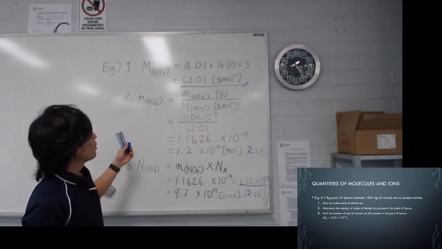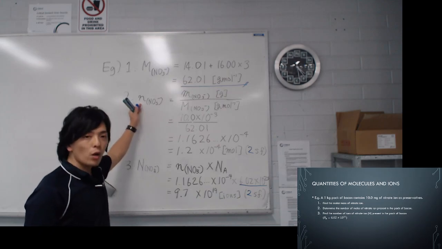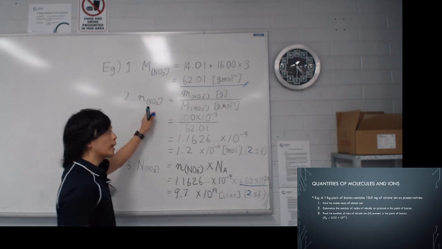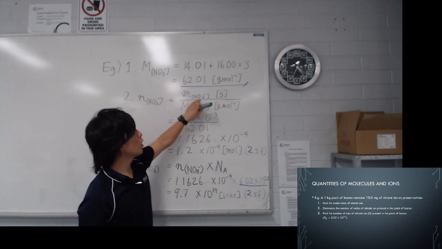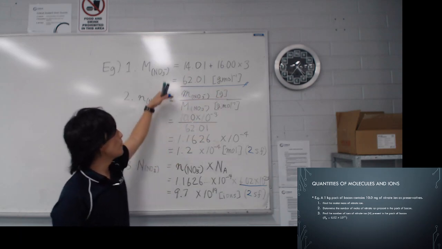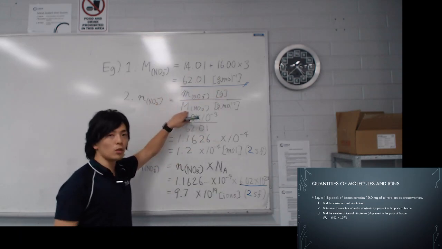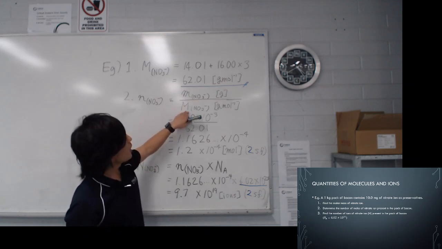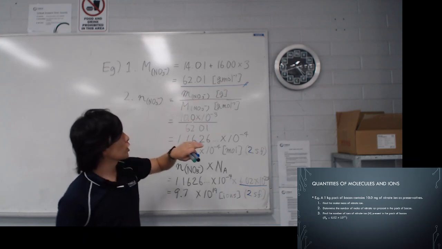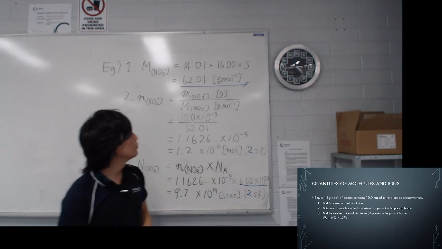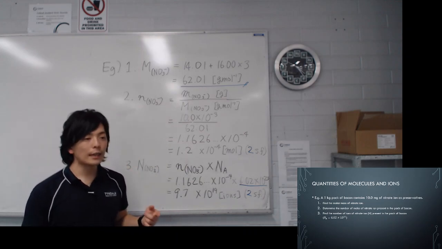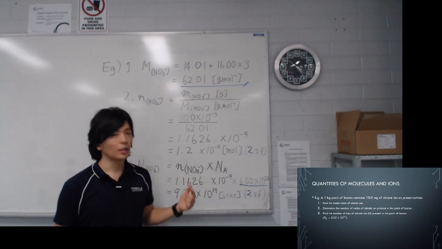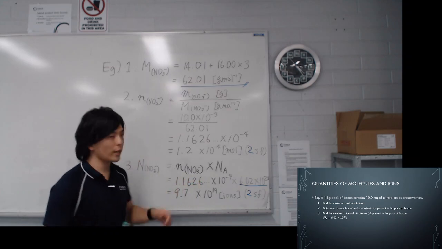Second question, you are finding the number of moles of nitrate ion, and you can find that if you divide the mass of nitrate ion in grams by the molar mass, double capital M of nitrate ion, which is in grams per mole. Now, the question is telling you to use 10.0 milligrams, which is not the right unit.